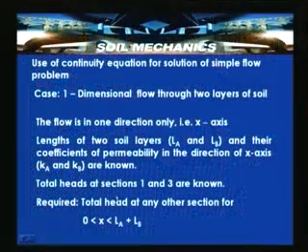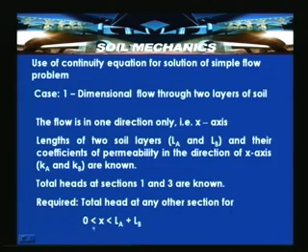The total head at 1 and at 3 is shown in the figure in the previous slide. What is required now is the total head at any other section for distance between 0 and LA plus LB.